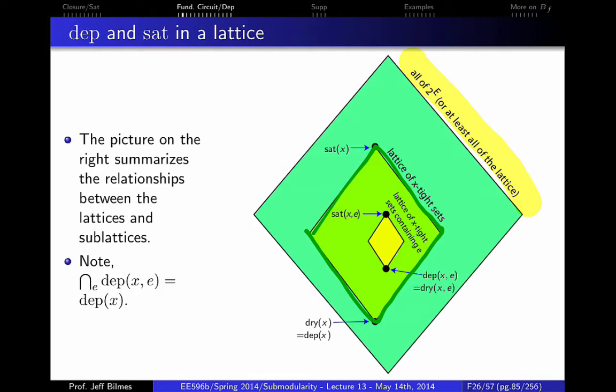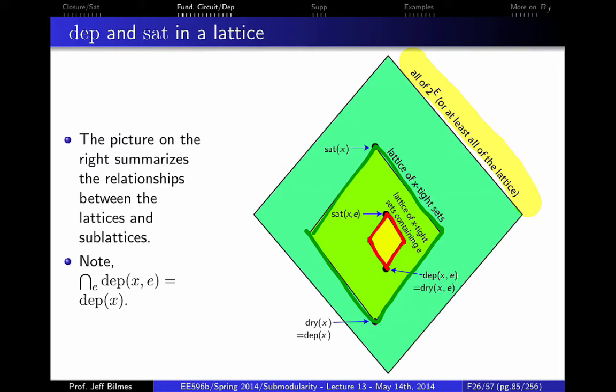And that diamond is basically the lattice of x-tight sets, right? So any member in there is an x-tight set. And then the sublattice, let's say it's this one here, that's the sublattice of x-tight sets containing e.